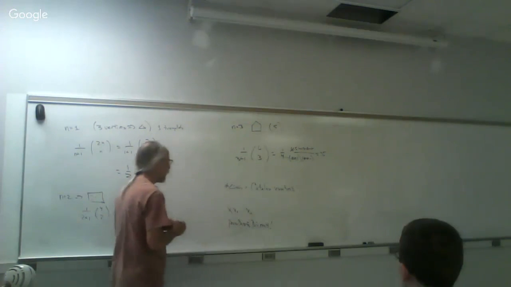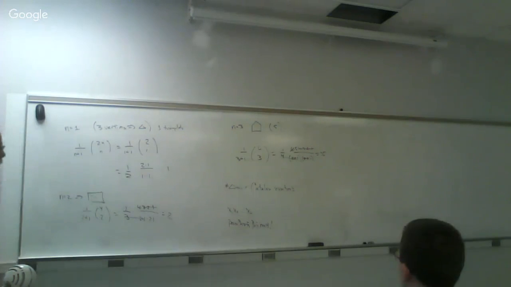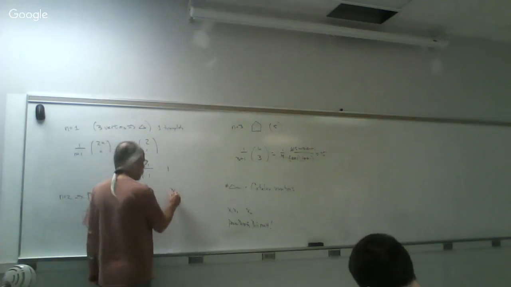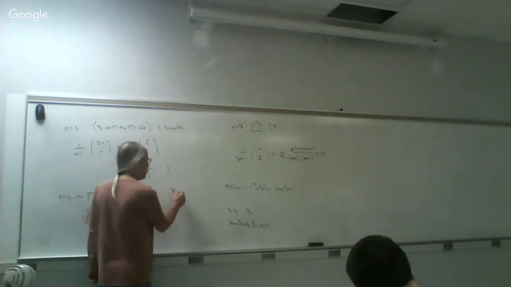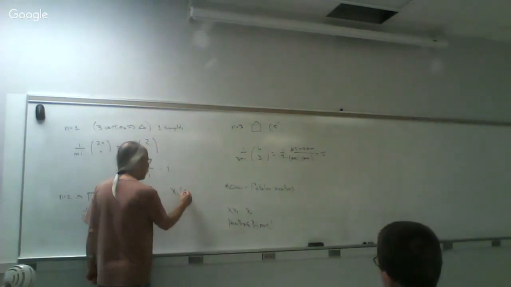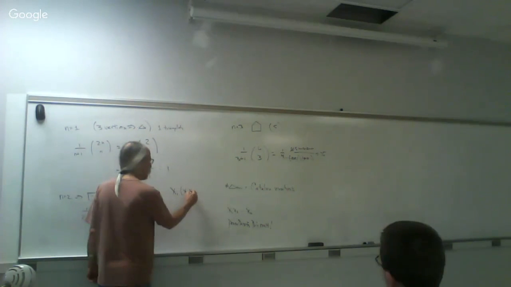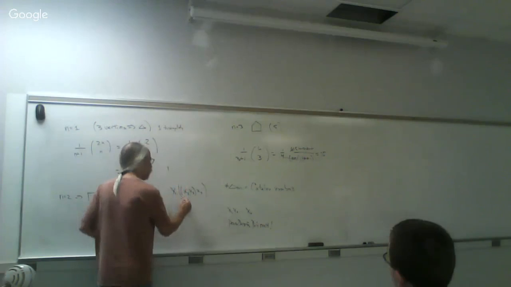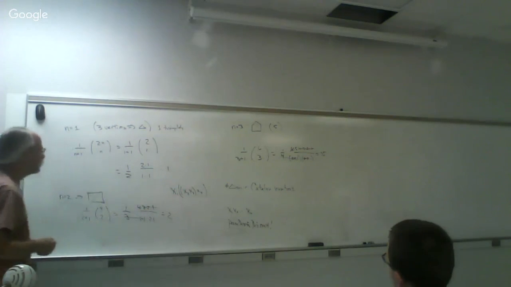It turns out that the Catalan number for n tells us the number of different ways that we can parenthesize and perform the multiplication. If you think about fully parenthesized multiplication, like x1 times x2 times x3 times x4, fully parenthesized in that respect.